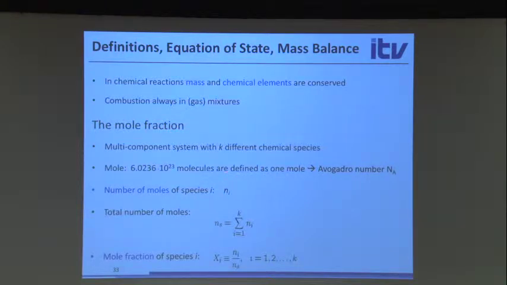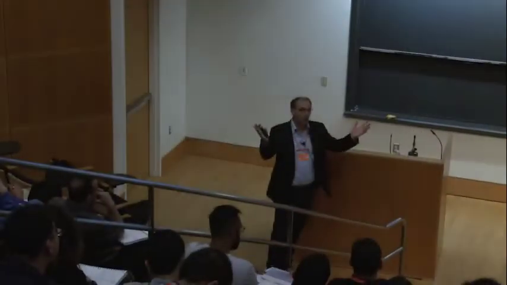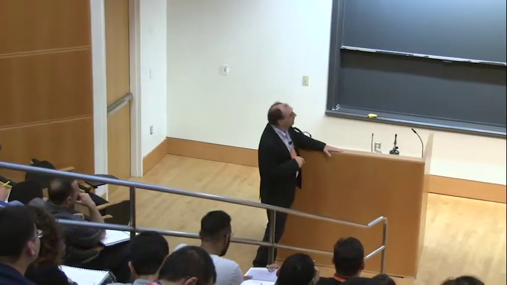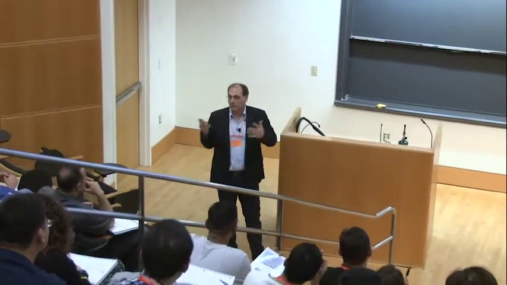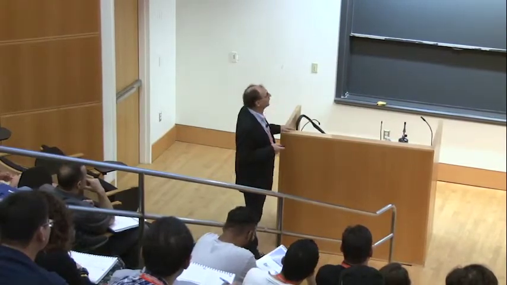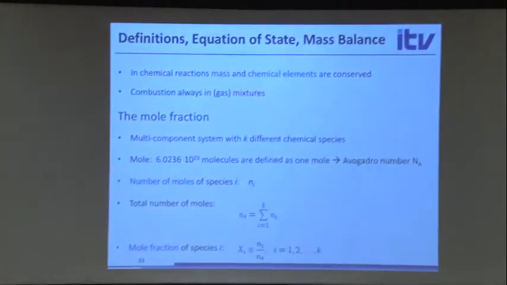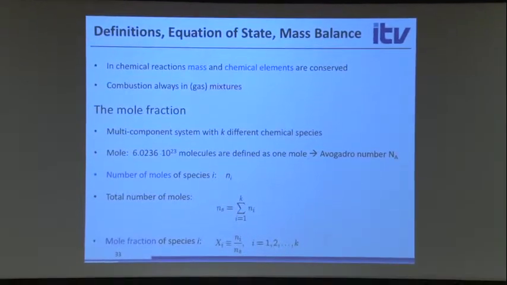The number of moles, basically 1 mole is 6 times 10 to the 23 molecules, the Avogadro number, and basically mole is just a way of counting things. I could say we have so many moles of students here in the class, which is then something like 10 to the minus 22 mole. It's just counting, a way of counting molecules in a way that the numbers are more reasonable. So that's mole.